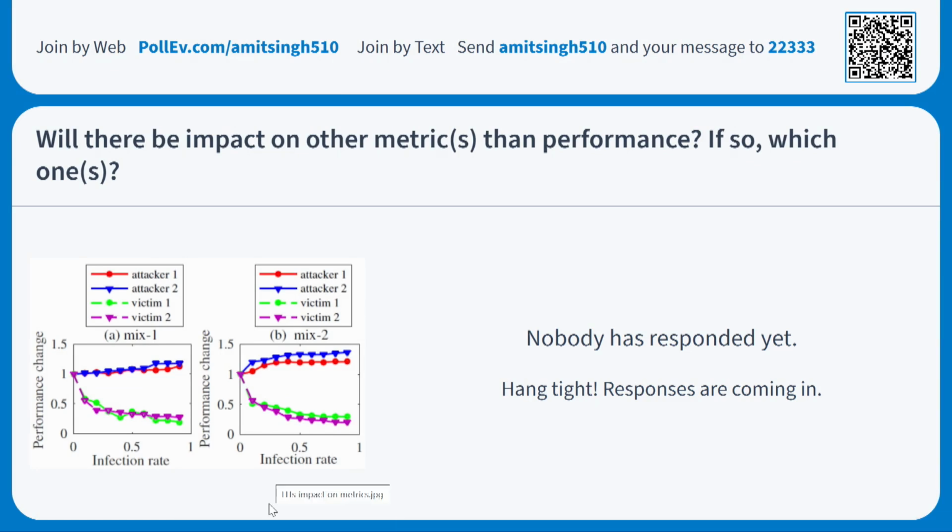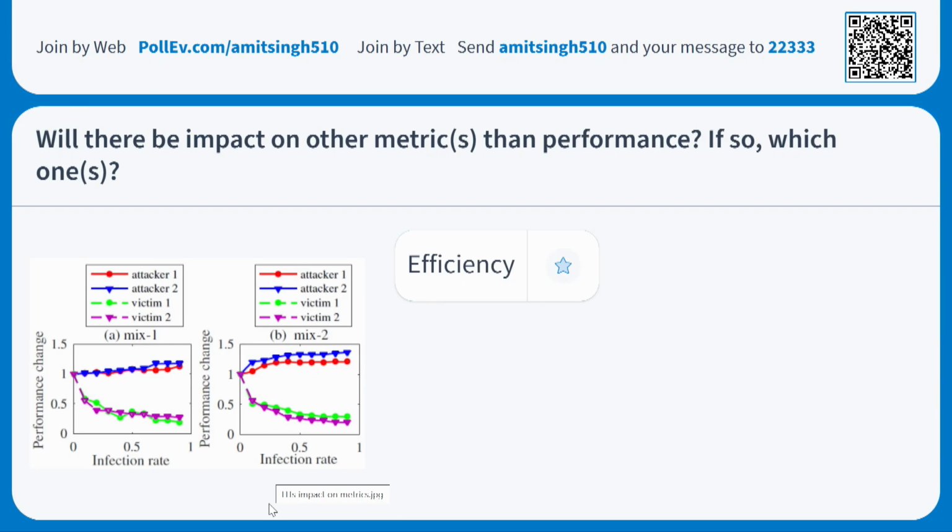Yeah. So will there be impact on other metrics? Efficiency, I think it depends how you relate to efficiency. If it's performance, of course. Or you can say overall system performance, then also timing delays.